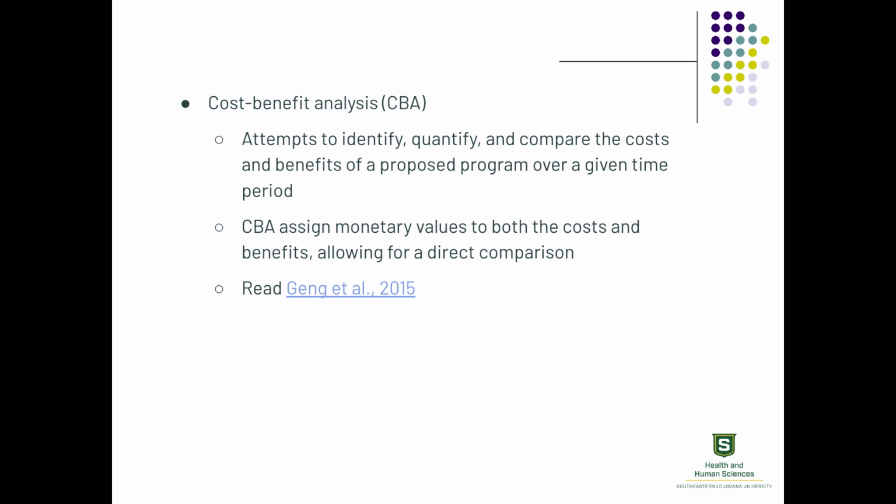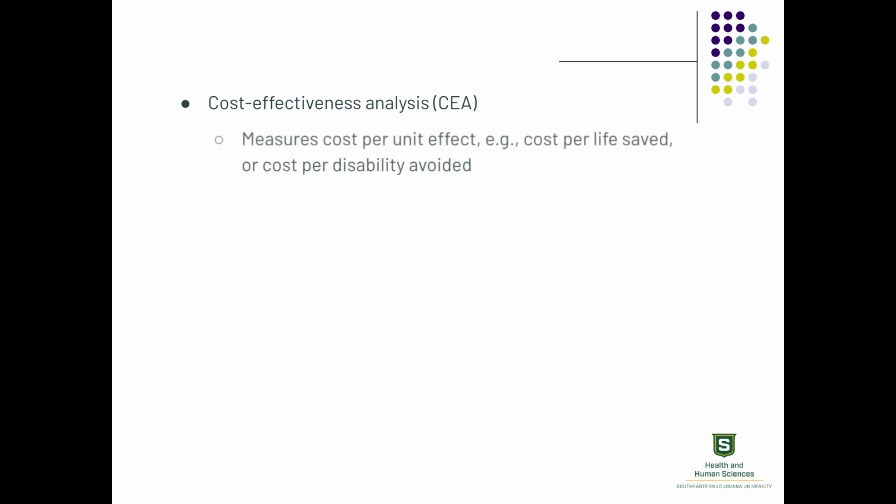The third one is the cost effectiveness analysis, which is the one that most people have heard about. It's one of the most commonly mentioned. Cost effectiveness analysis measures cost per unit effect. An example would be cost per life saved or cost per disability avoided.